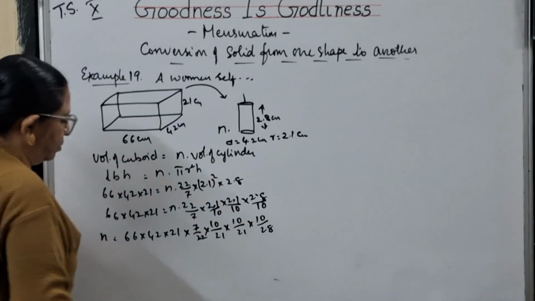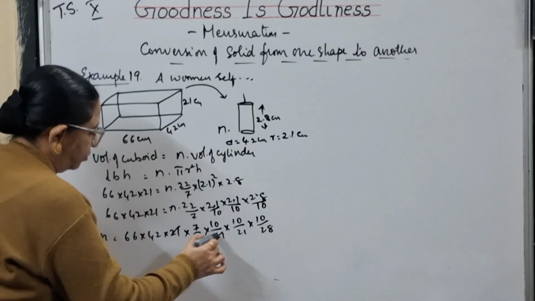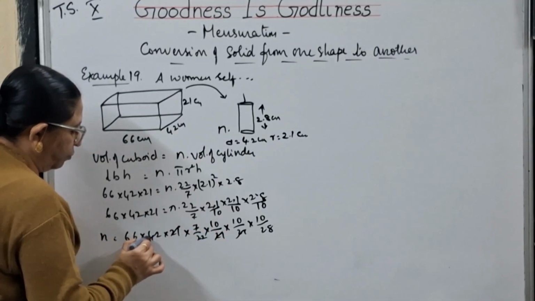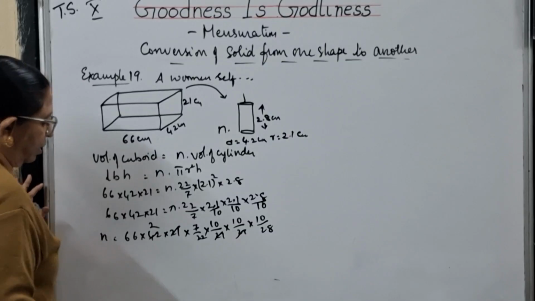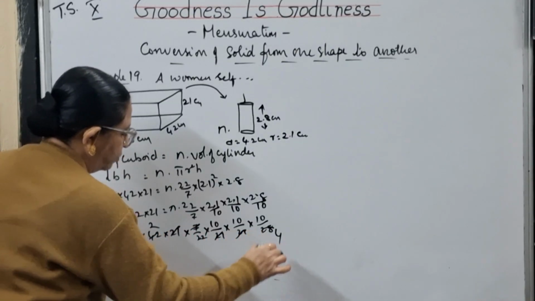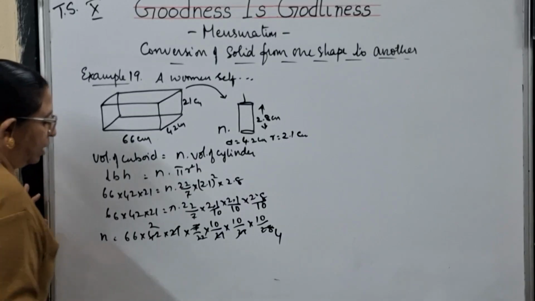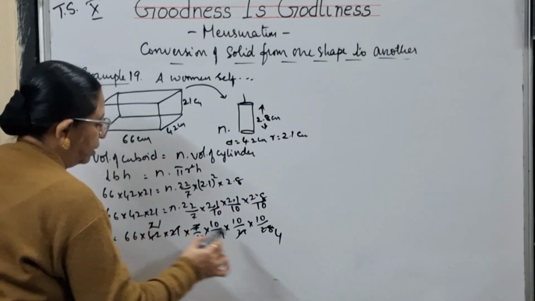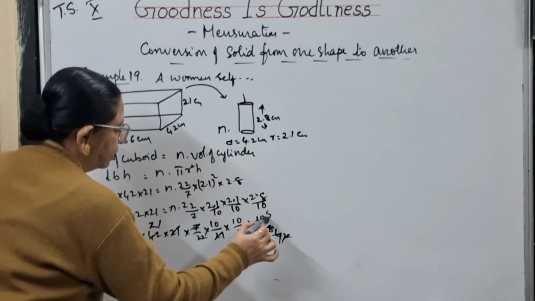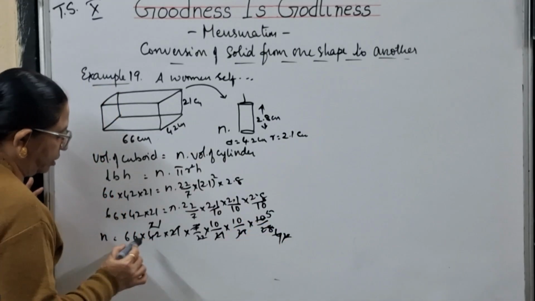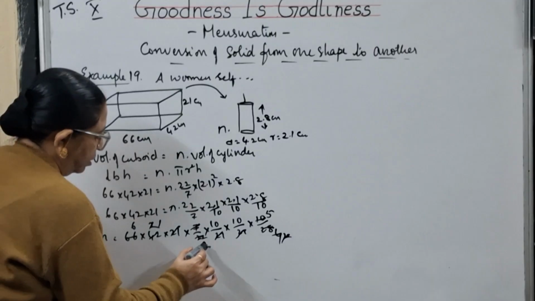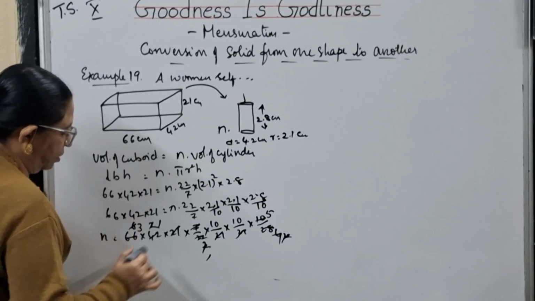Okay. So 21 will get cancelled, 21 twos are 42, 7 fours are 28, 2 ones are 2, 2 twos are 4, 2 ones are 2, 2 fives are 10, and 22 is there, 11 twos are 22, 11 sixes are 66, 2 ones are 2, 2 threes are 6.